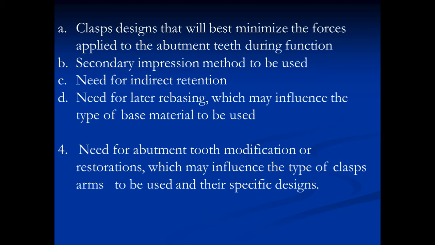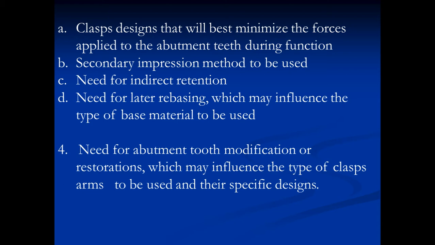Then what type, or how many different types, of indirect retainers. Then if any modification for abutment teeth has to be done, if we have smaller teeth with less mesiodistal width or less crown root ratio, how exactly are we supposed to increase the support for direct retainers or removable partial dentures?